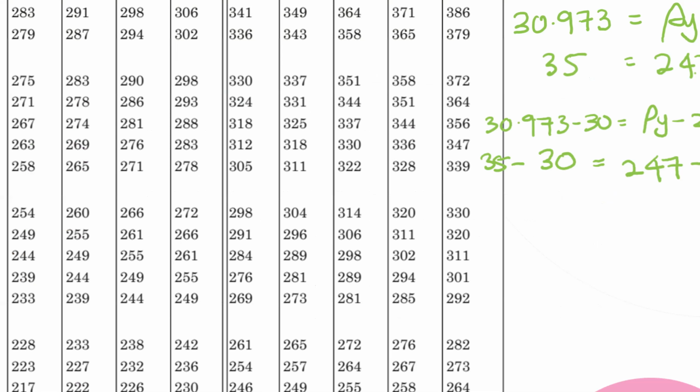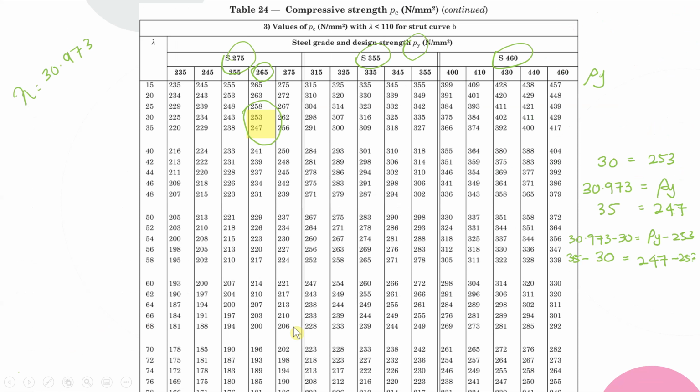Okay. Kalau you tak faham on that part, you can ask me later on. Sebab this one is a bit confusing for some people. Tapi I suka tolak macam 30.973 minus 30 sebab dia lagi senang kira compared to you ambil value 30.973 minus 35, nanti you can tekan calculator kan.